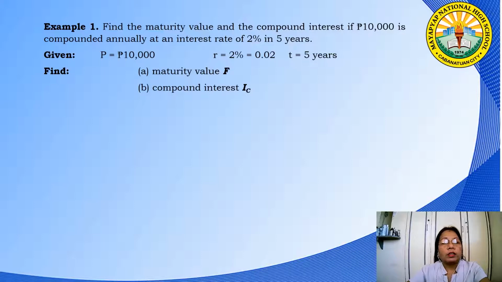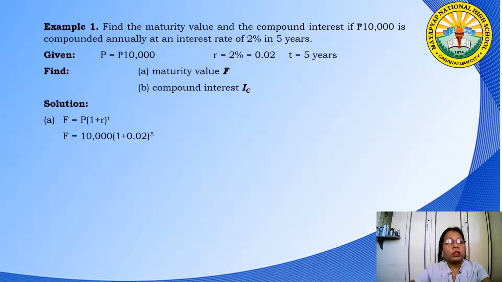Then to find letter A, the maturity value, using the formula F equals P times quantity 1 plus R raised to T, substituting all the given values, F equals P, 10,000 pesos, times quantity 1 plus R, 0.02, raised to T, which is equal to 5. Then to compute these values, F equals 11,040.81 pesos.